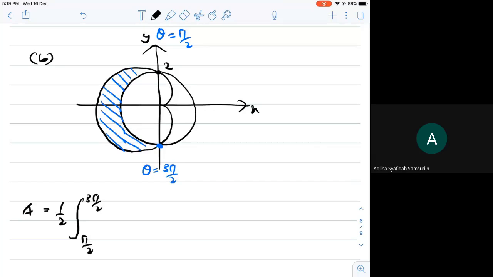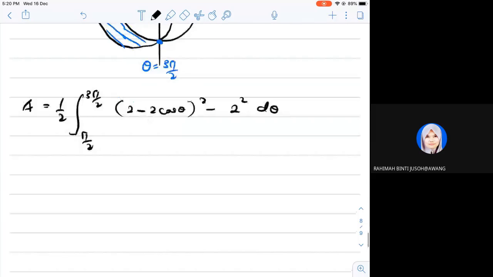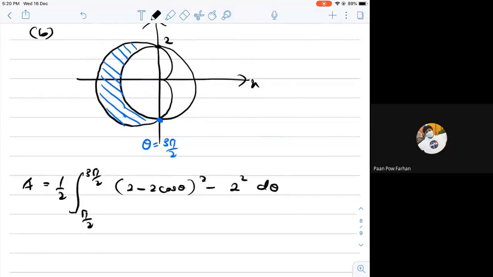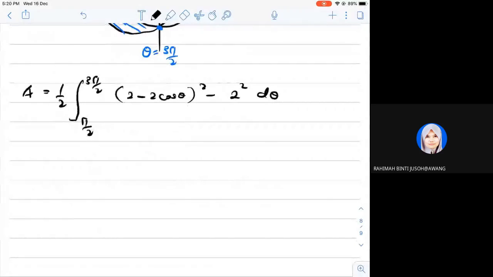Okay, good. So we will have 2 minus 2 cos theta squared minus 2 squared d theta. This one can be halved again, right? As long as there is symmetry, you can. If you want to halve it, it doesn't matter, because it is symmetric.